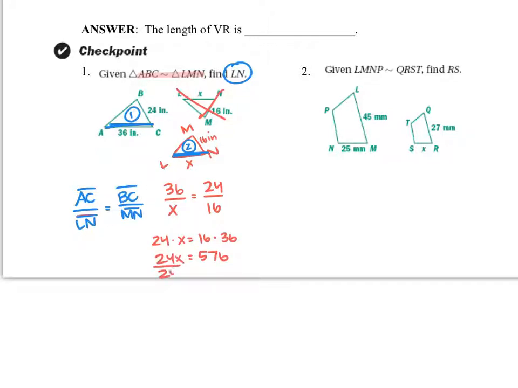Again, this is multiplication, so I'm going to undo it with division. And X equals 24. Again, I don't have my final answer yet because you do need to have a unit since there is a unit in the problem. So my final answer is that line segment LN equals 24 inches.